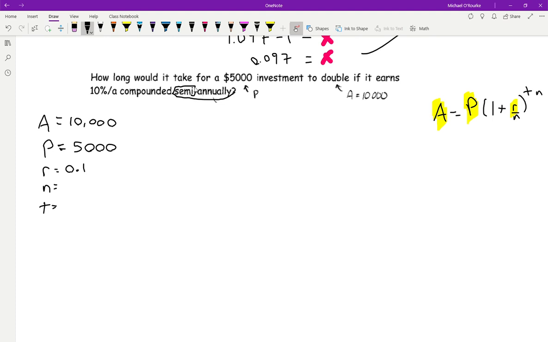Semi-annually. Semi means half. Half. No, there's only 2 then. Semi-annually is 2. Okay? And then t is our unknown.